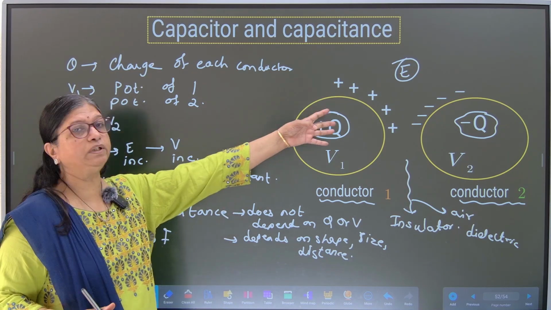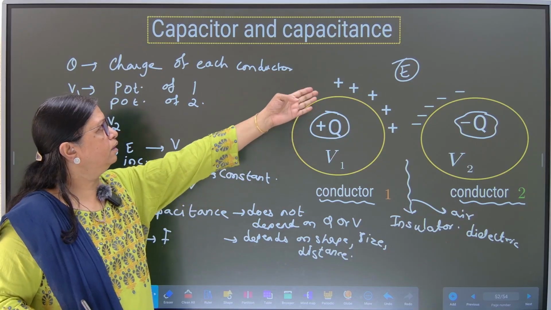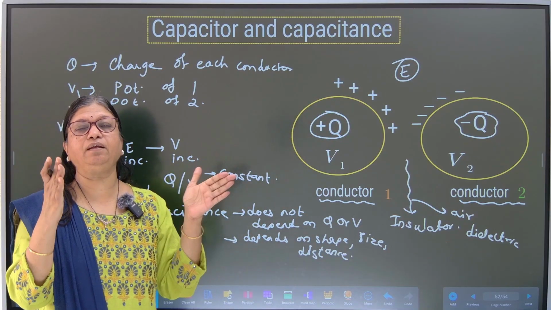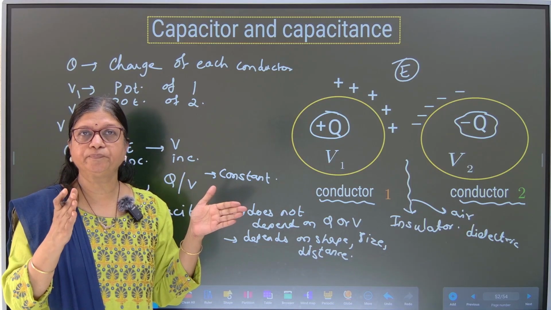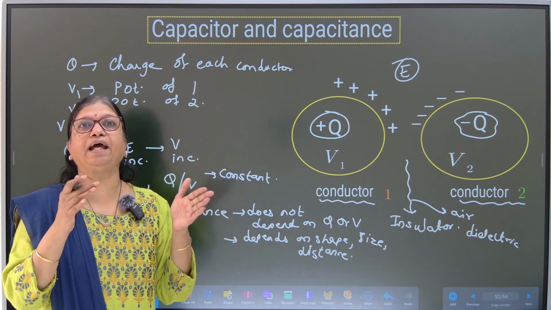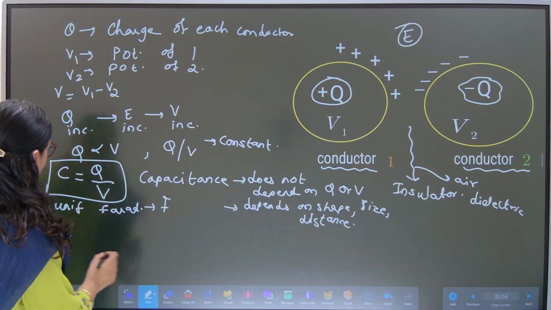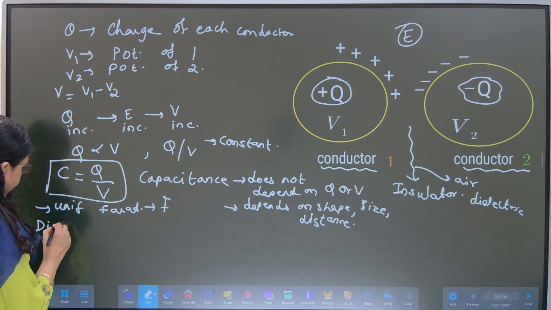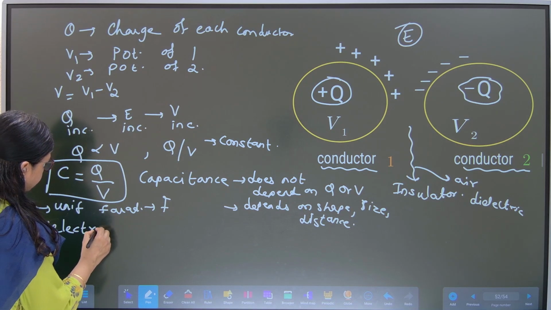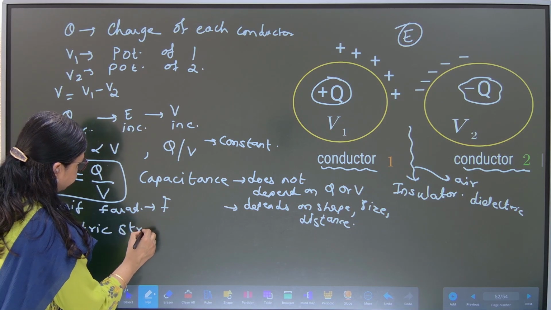Now, how much electric field a capacitor can hold between the two conductors is called the dielectric strength. So now we define dielectric strength.